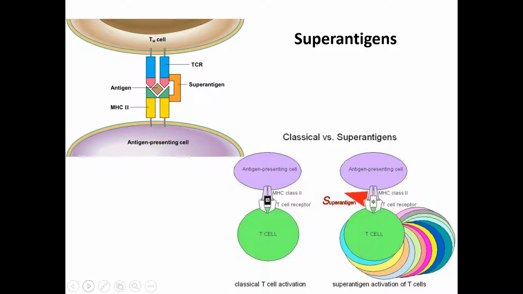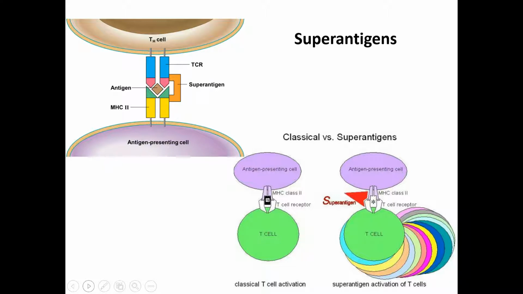Alright, so these superantigens, for example some toxins, will bind to the T cell receptor and the MHC II surface receptor, and cause this prolonged interaction between your T helper cells and your MHC class II cells. And so your T helper cells begin secreting these pro-inflammatory cytokines.